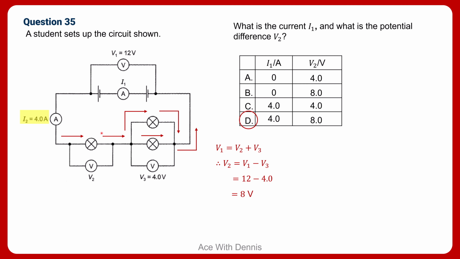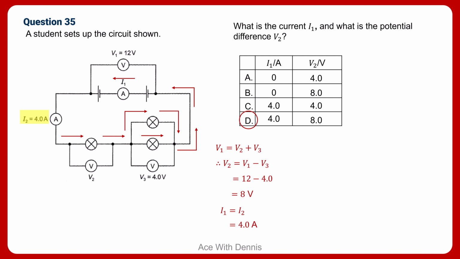So the current will flow back into this conductor and go back to the source and pass through I1, which is the ammeter, and this ammeter takes the reading of the current flowing in this conductor. As you can see from this circuit, the current I1 will be equal to the current I2. Hence, I1 will be 4.0 amps.